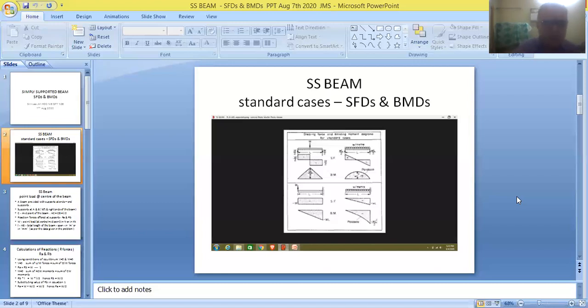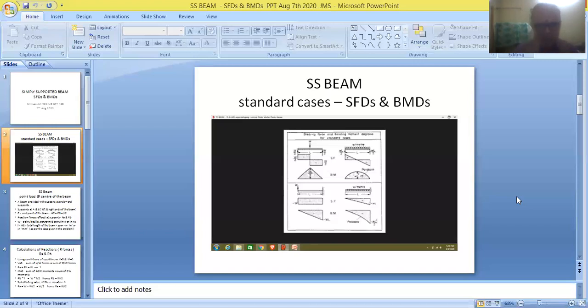The upper limit must be taken as L by 2. Similarly, while dealing with the AC portion, the lower limit will be taken as L by 2 and the upper limit will be taken as L meters.